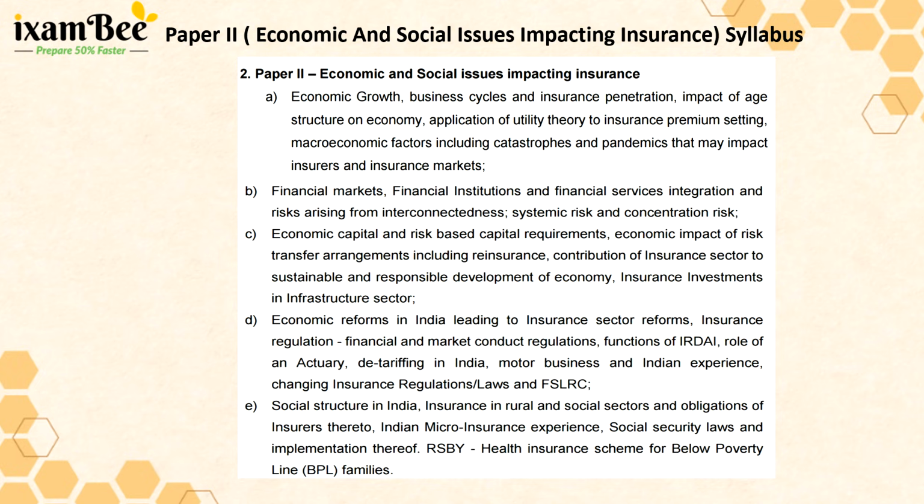Its role and functions, de-tariffing, regulation, and Area E, which is social structure and inclusive insurance, microinsurance, government social security schemes, obligation of insurers to vulnerable populations, etc. These 5 areas form the foundation of paper 2. Understanding them gives you the architecture you need.